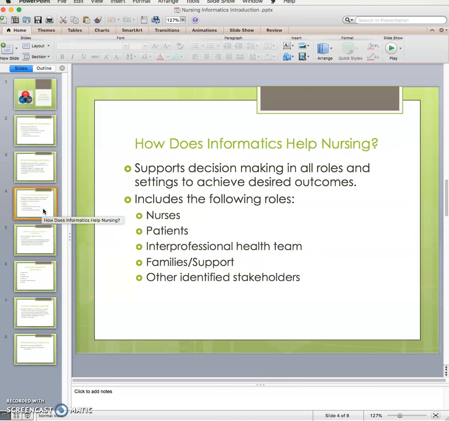Skipping back a step here, nursing informatics includes development of relationships with nurses, patients, interprofessional healthcare teams, families, other identified support systems, and various stakeholders within the community and within the hospital setting.